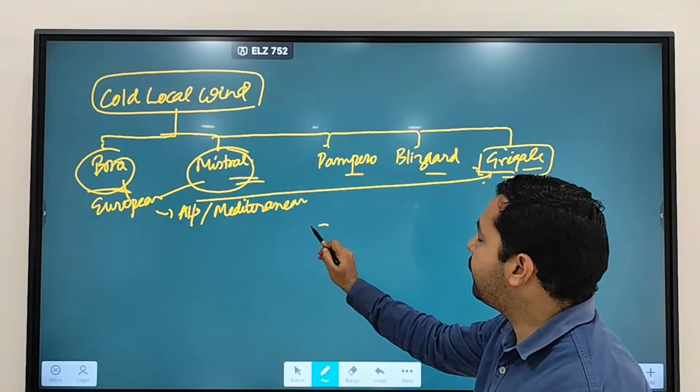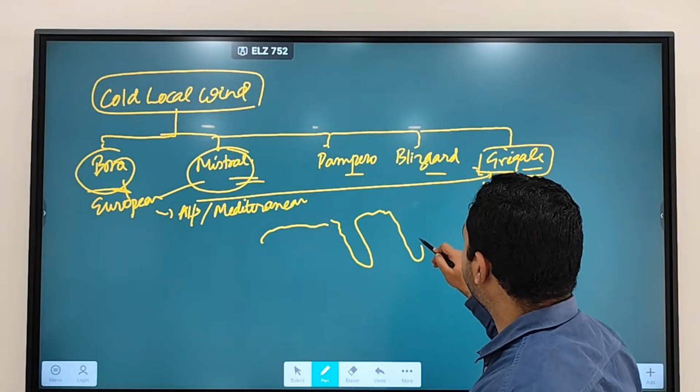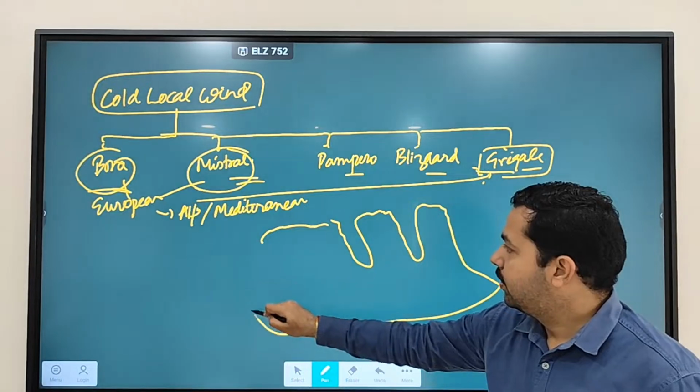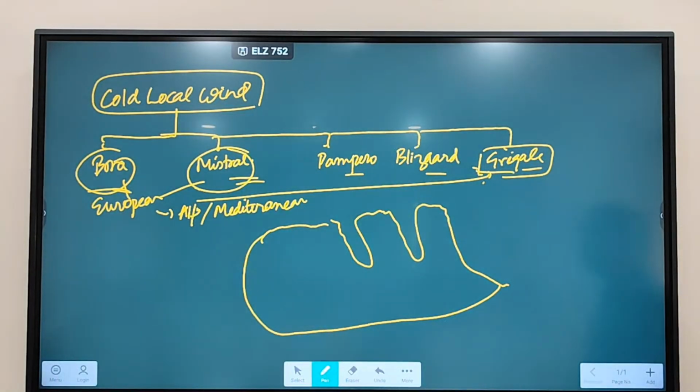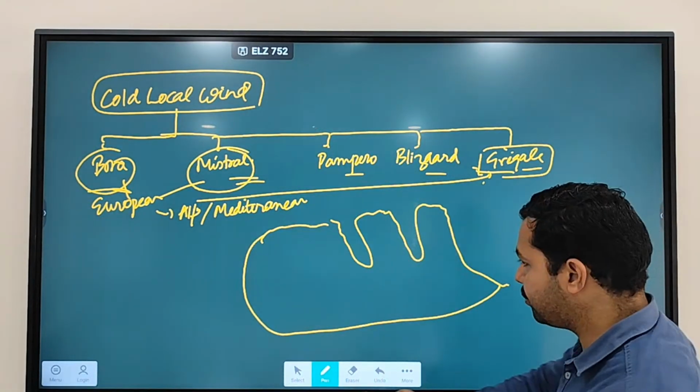So if you look at the Mediterranean Sea, this is how you'll find things over there. Or I'll just show you the map itself.